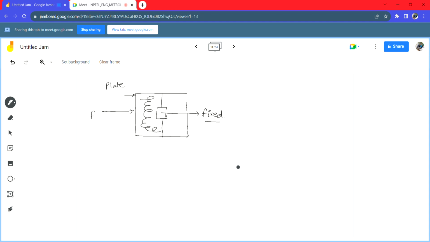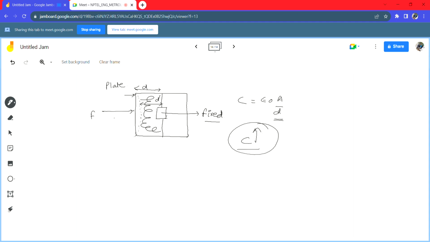Now if force F is applied, the diaphragm will start to bend, and we will see that this distance between the two plates will eventually start to reduce to D dash, and we have seen that C is epsilon naught A upon D. That is, with reducing D, the capacitance will go on to increase.